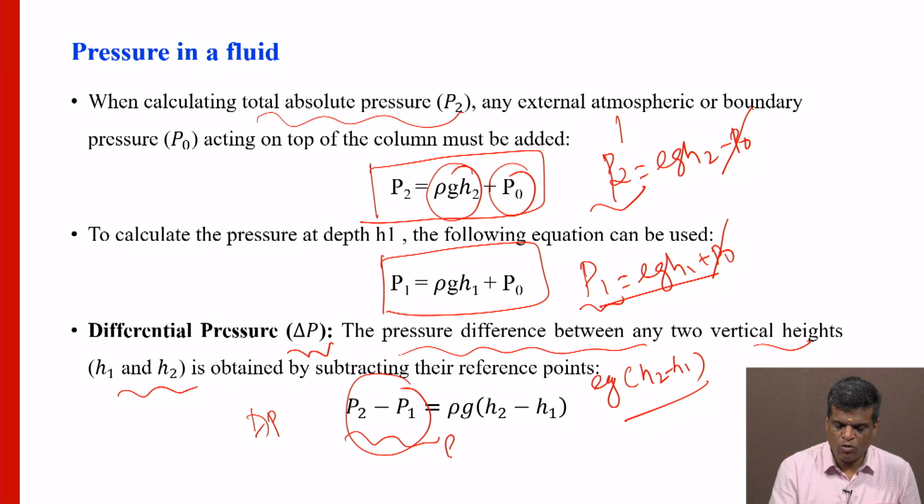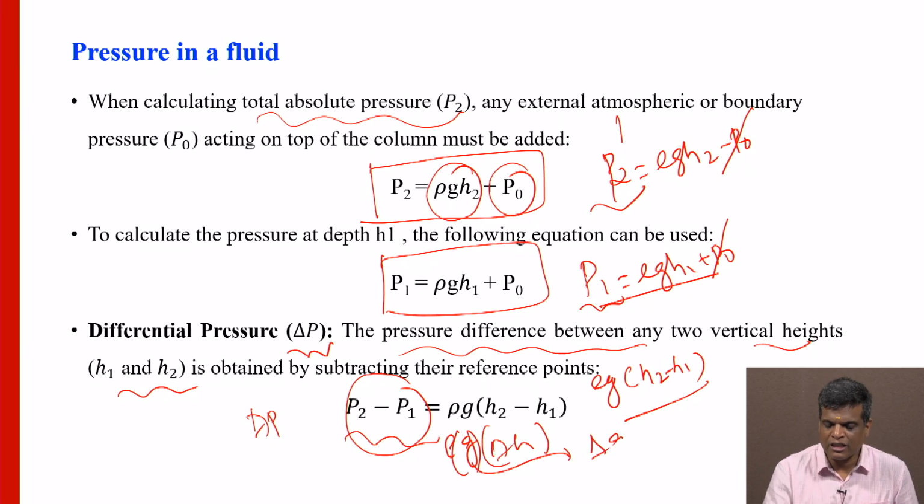So it is rho G delta H, since the height is varying. Sometimes if gravity is varying, we can write delta G, based on the equation. If delta rho is varying, then automatically the pressure drop delta P also varies.